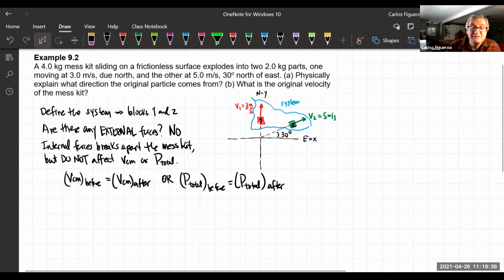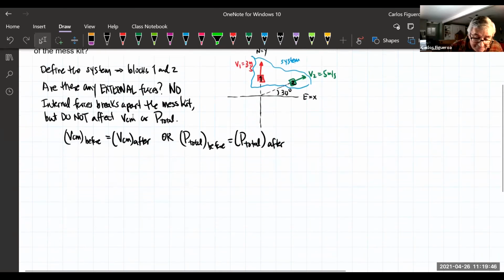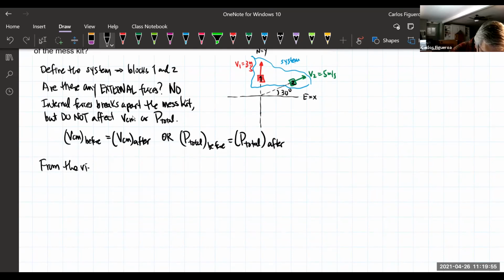Now, let's think about this physically here. So physically, what do I know about V center of mass? From the viewpoint of V center of mass, we know that this is of course a constant, because we saw that there were no external forces.